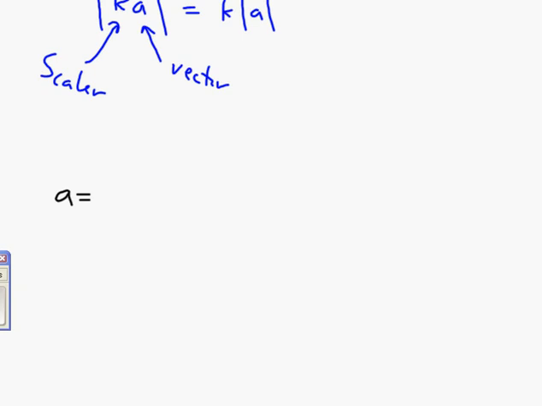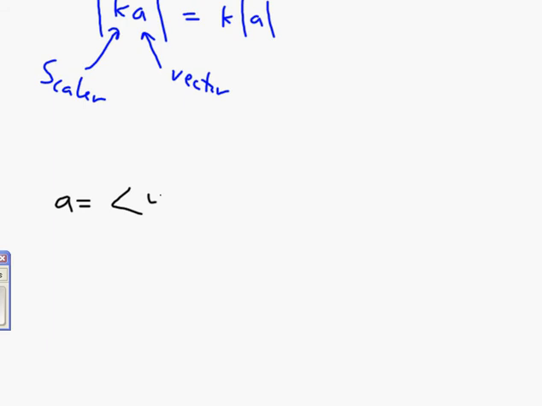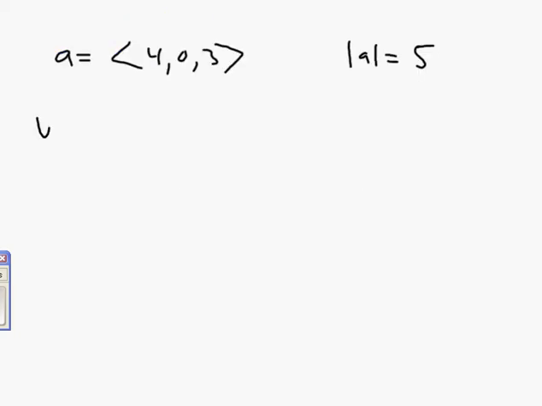So here we are. Here's the vector 4, 0, 3. We know the length of that vector is 5. The question is simply this. Here's the magic, the most important question now for getting unit vectors.